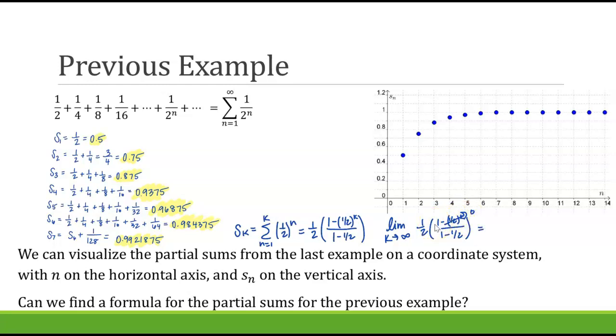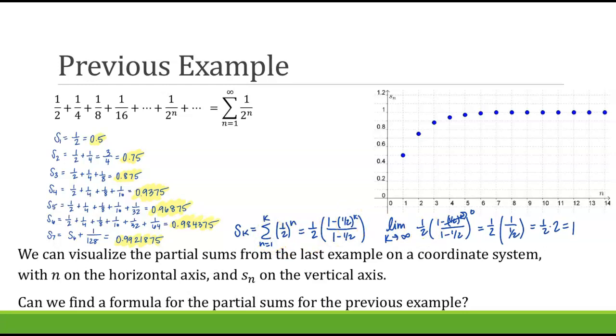So what I have left is 1/2 and then 1 over 1/2. Well, that's 1/2 times 2, which is 1. So we can confirm now analytically that this infinite list of numbers added together is actually 1 because we found, or had from pre-calculus, a formula for this partial sum.